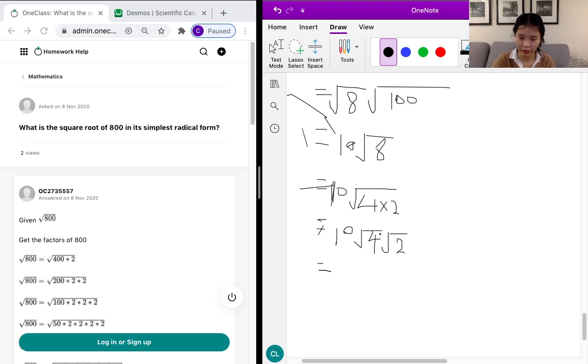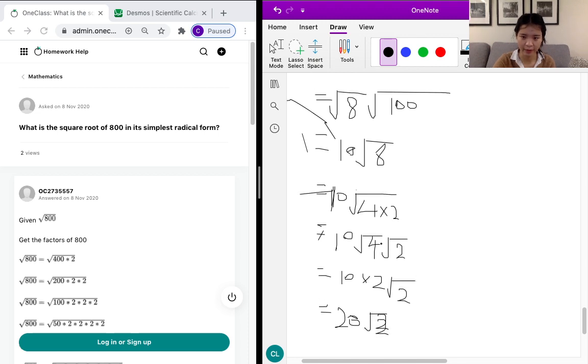The square root of 4 is 2, so we have 10 times 2 times root 2, and 10 times 2 is equal to 20. So the simplest radical form of the square root of 800 is just 20 root 2.